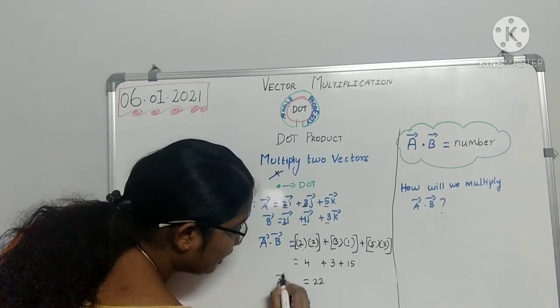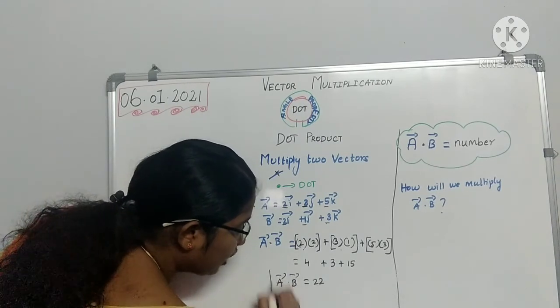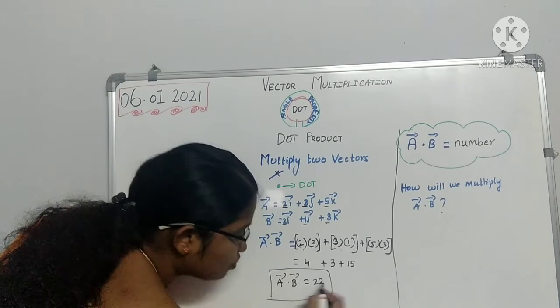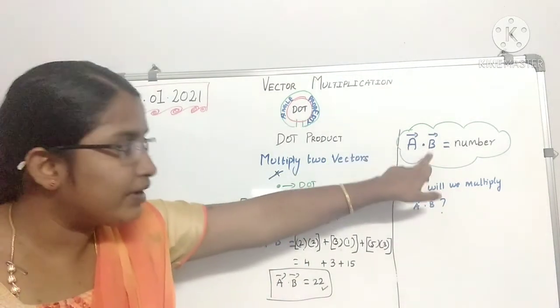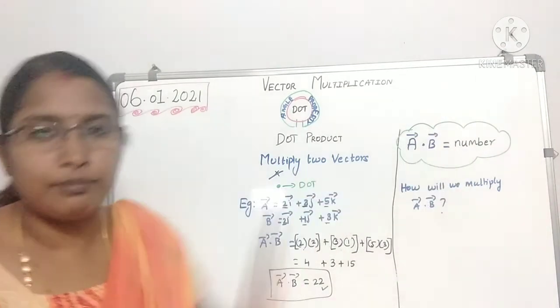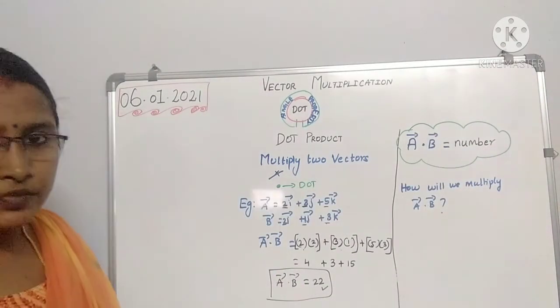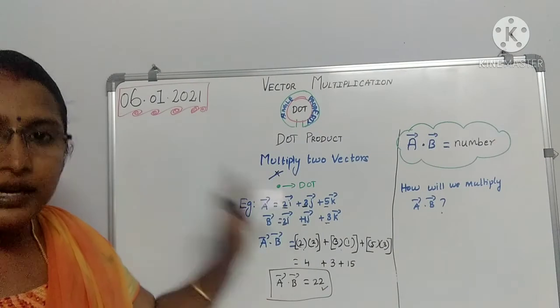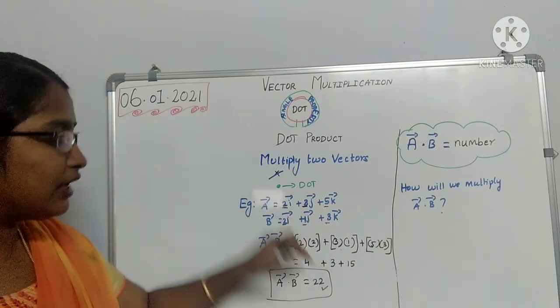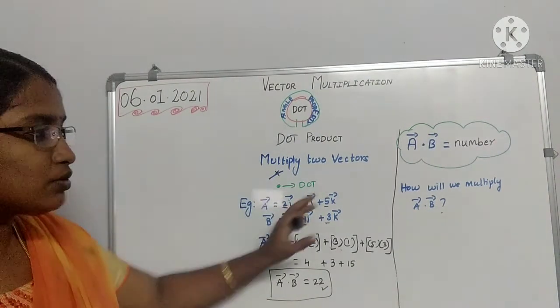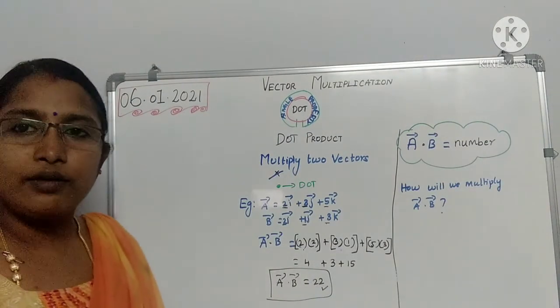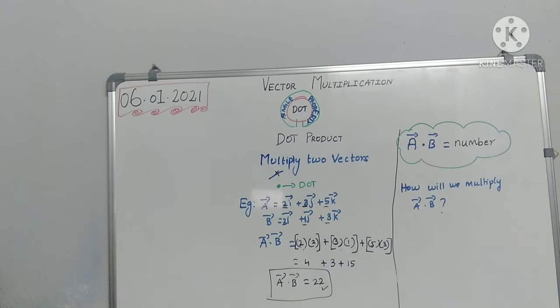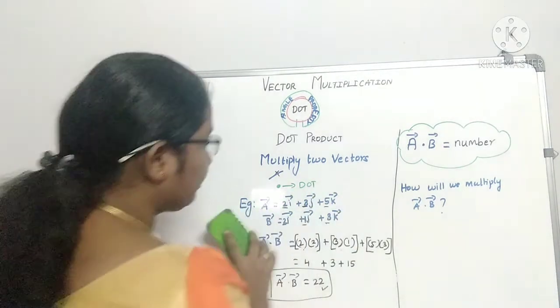So, A vector dot B vector, you are getting the answer as 22. That is, we have proved that A vector dot B vector will give you a number. Am I right or not? Understood how to multiply the vectors using the dot product. Next, we are going to see about the angle between the vectors.